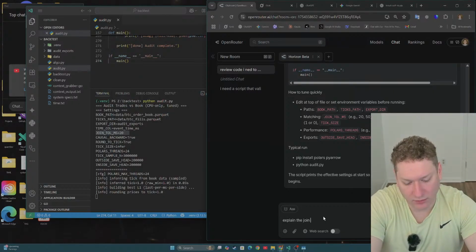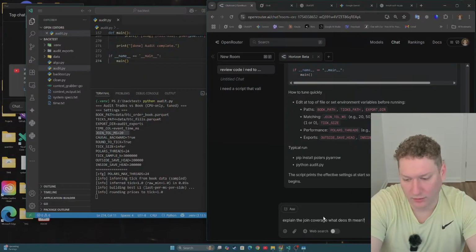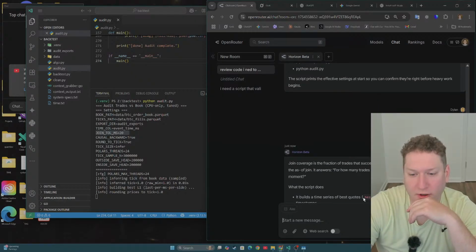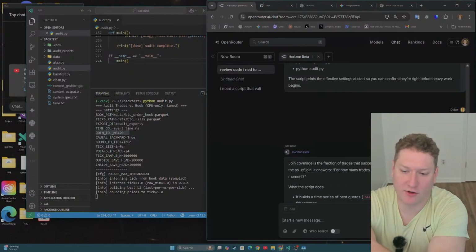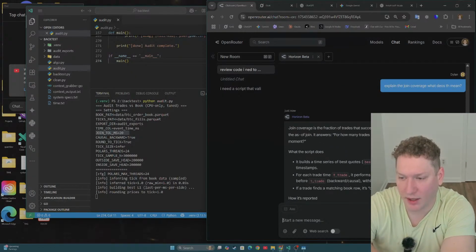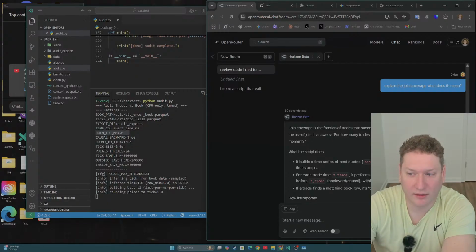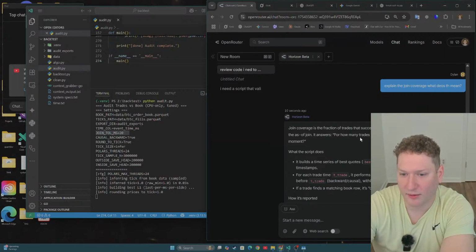Join. Okay. What does that really mean? Join coverage is the fraction of trades that successfully found a matching order. Okay, but shouldn't all, so those are fills, so every fill should be, I guess maybe the snapshot of the order book is not aligned with the fill.